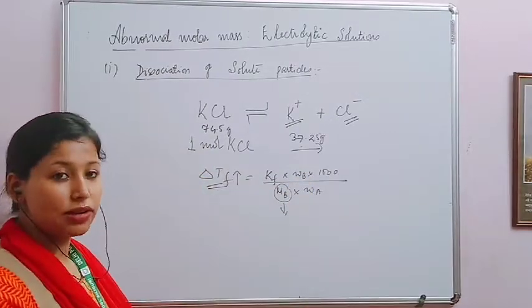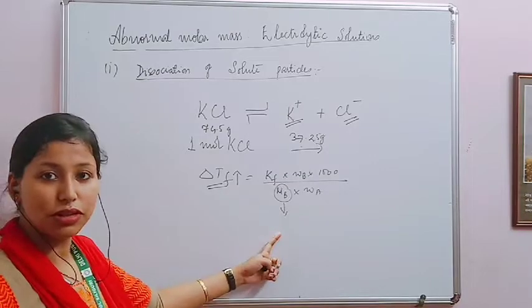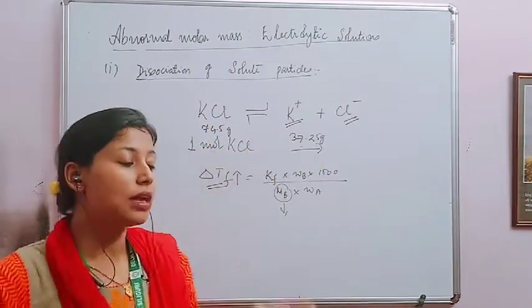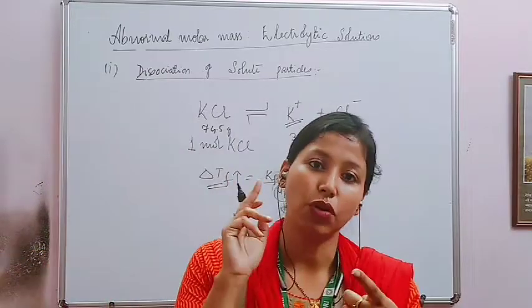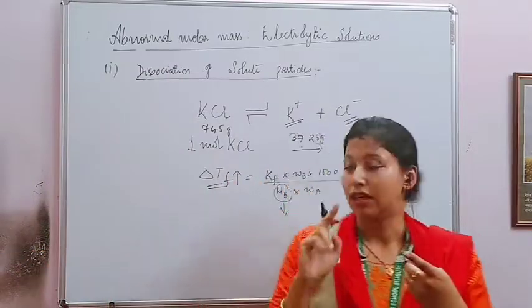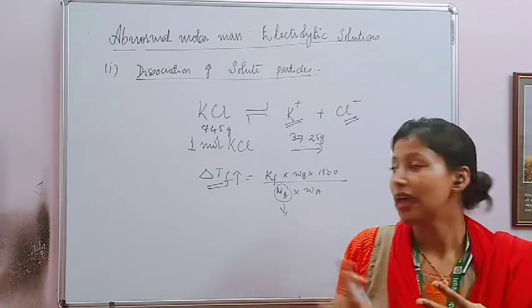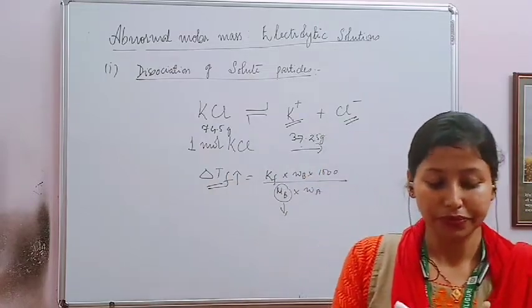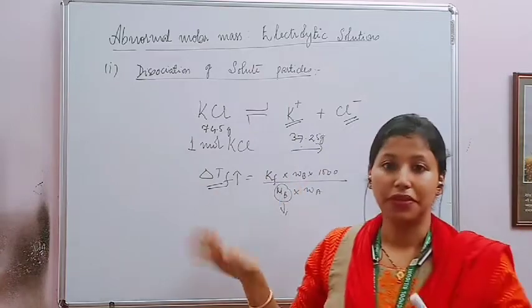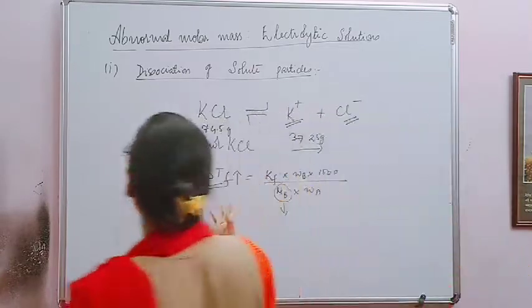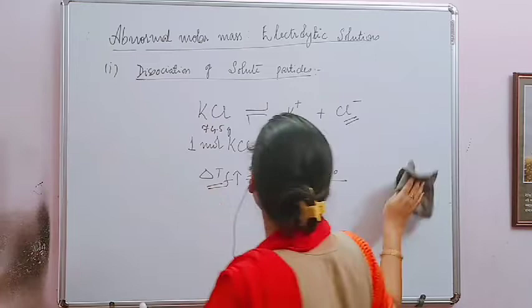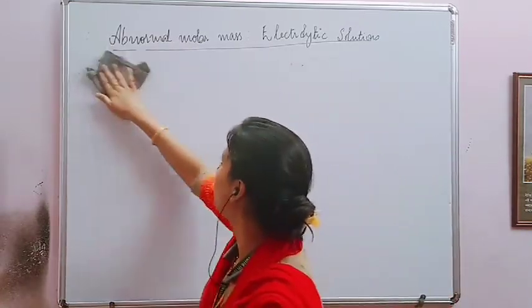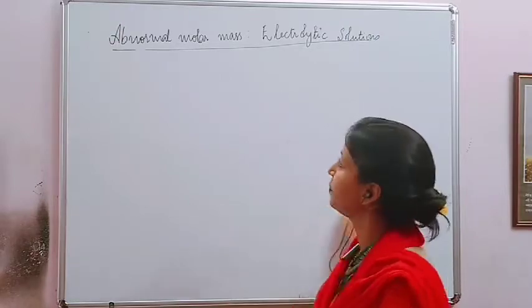That is the relation, inversely proportional. So if solute particles dissociate, the number of particles will increase, molar mass will decrease, and colligative property will increase. You must remember these points, because with this, we have to go ahead with the topic of abnormal molar mass.